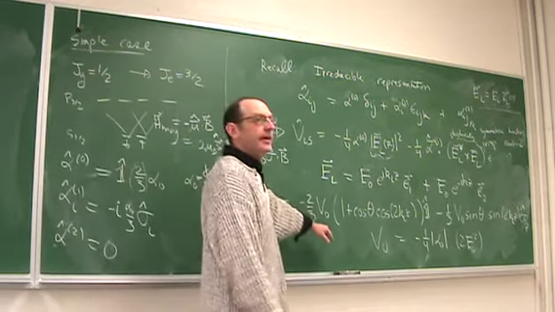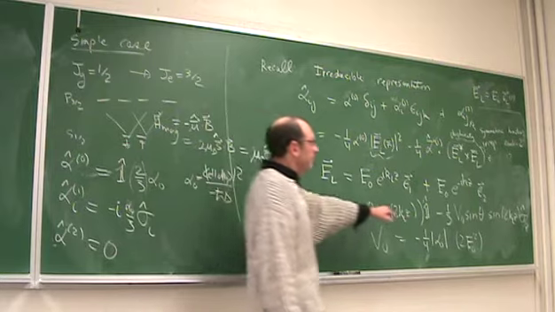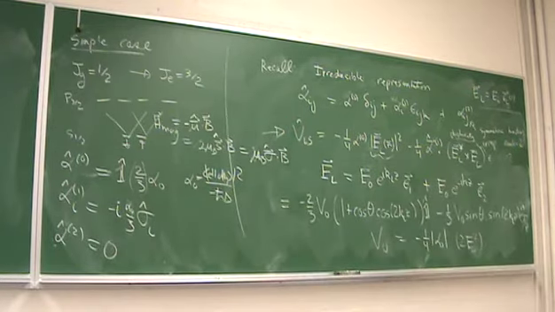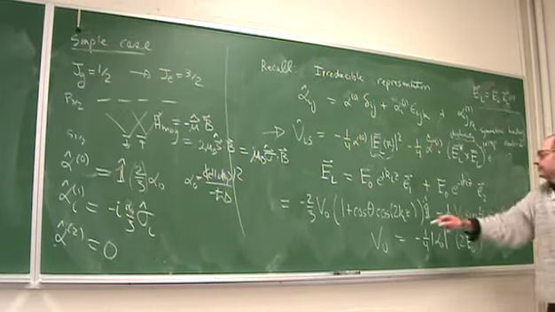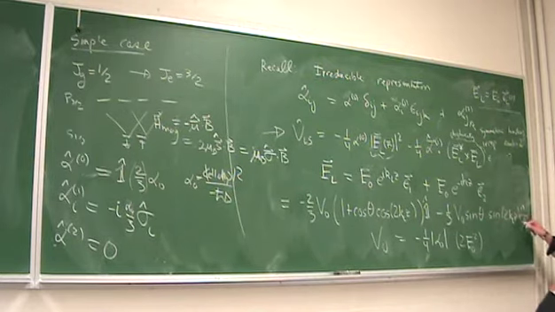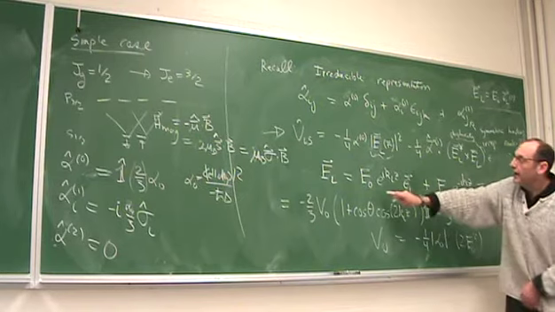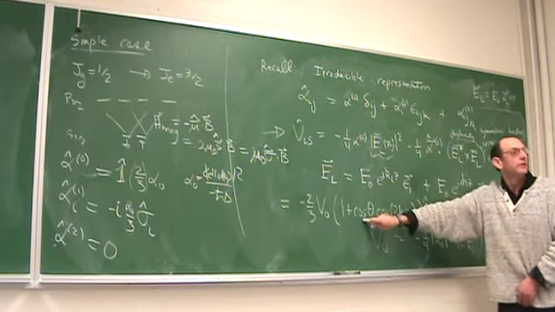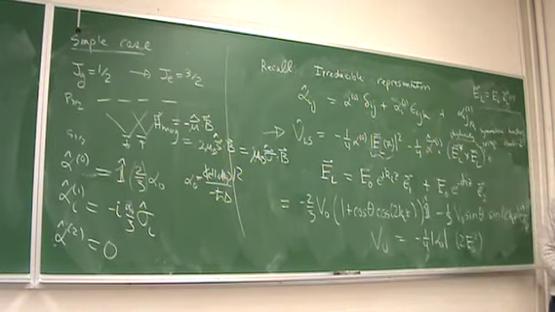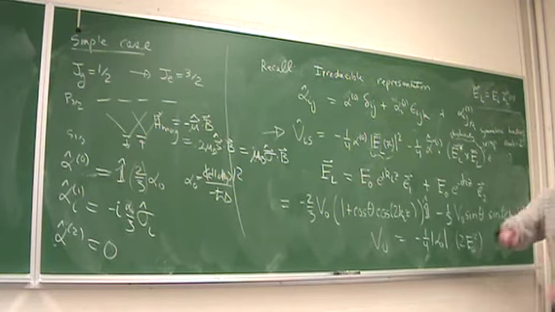Let's understand what it means physically. We have two terms here. The scalar term and the term that came from the vector light shift. The vector light shift here depended on the cross product. The cross product between the two vectors goes like the sine of the angle. The dot product between the two vectors goes like the cosine of the angle.